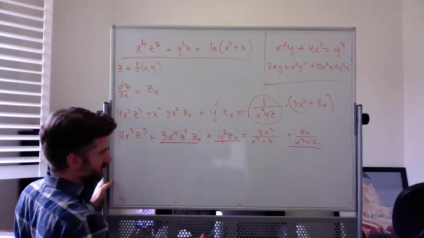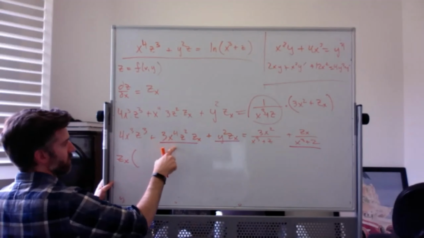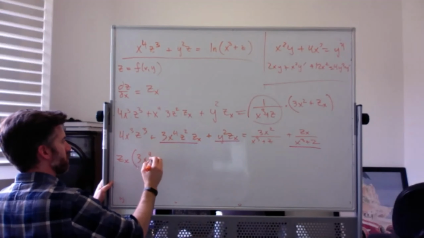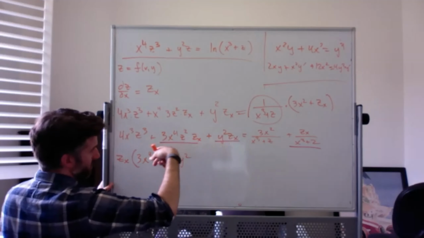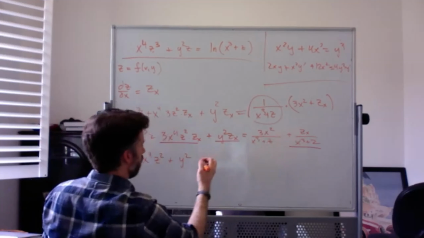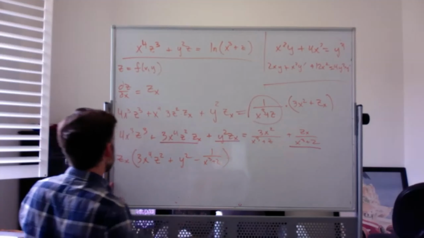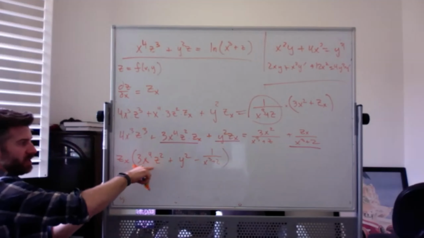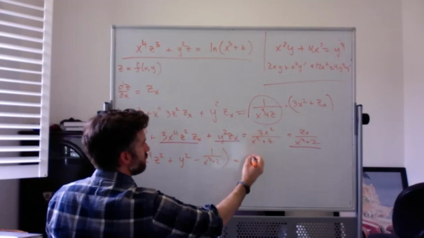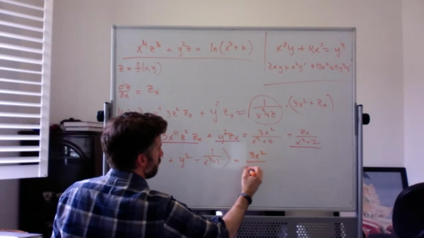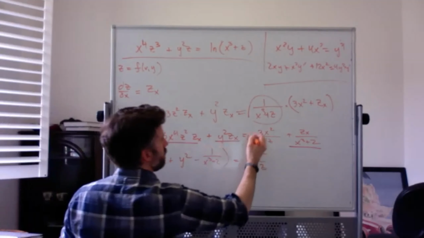And I'm going to factor out a zx at the same time as well. So I have a zx times this term plus this term with the zx already pulled out, minus, bring that over, it'll be a 1 over x cubed plus z. Right, so you distribute the zx, you get that, minus that. Equal to this minus this term here.